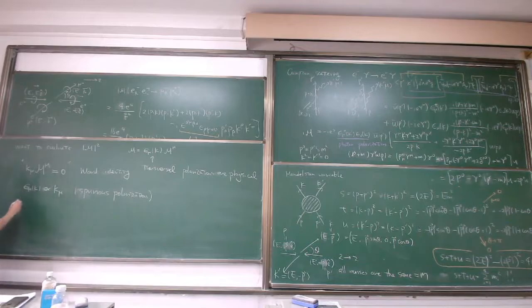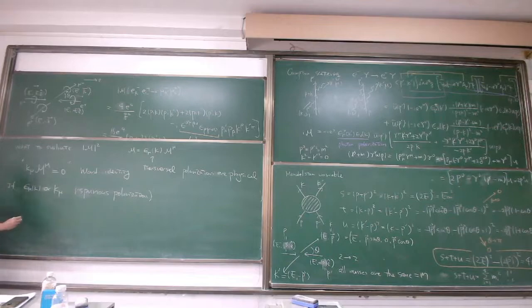So if the epsilon mu polarization is proportional to k mu, I call it spurious polarization. But if you impose this one, you can just get rid of this spurious polarization. Do you understand what I mean?